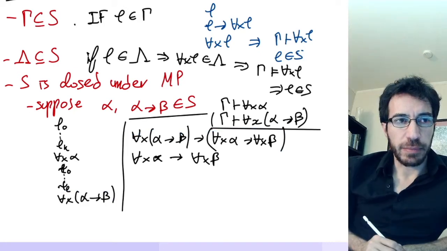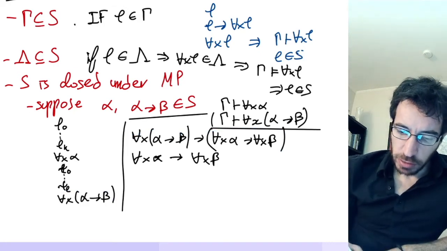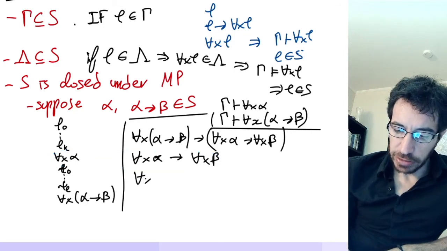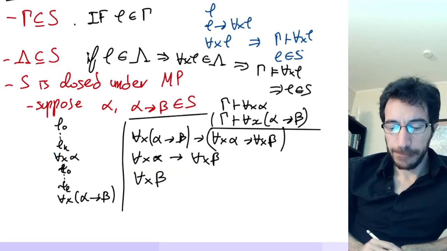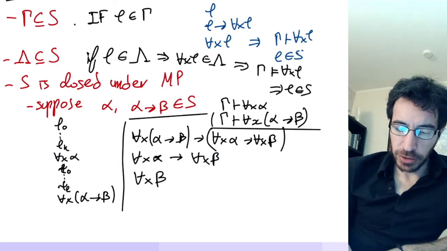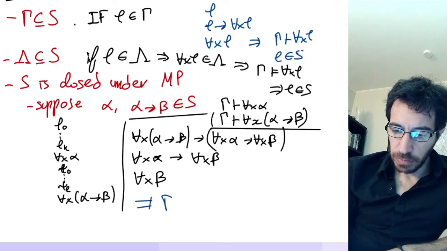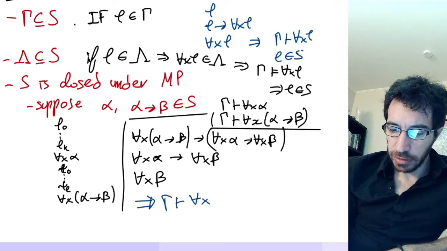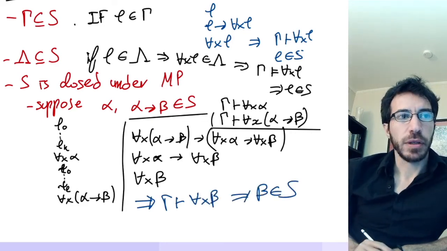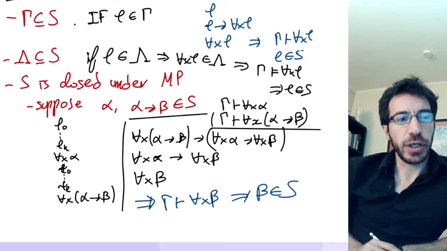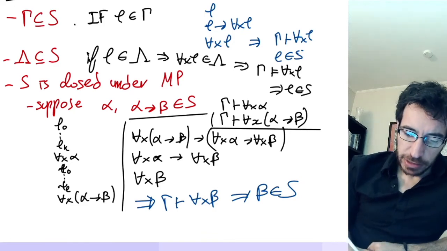And now an application of modus ponens with this one and this one, we get for every x beta. Right? And this is a deduction of beta. So we have shown that gamma syntactically implies for every x beta, and therefore beta belongs to S. So this shows that S is closed under modus ponens and contains gamma and delta.